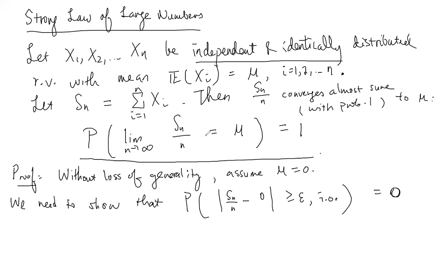Okay, so remember earlier that we declared the equivalence of these two equations, yeah? So when you say that the probability that the limit of Sn over n equals mu, this probability is equal to 1, it is equivalent to saying this statement, yeah?